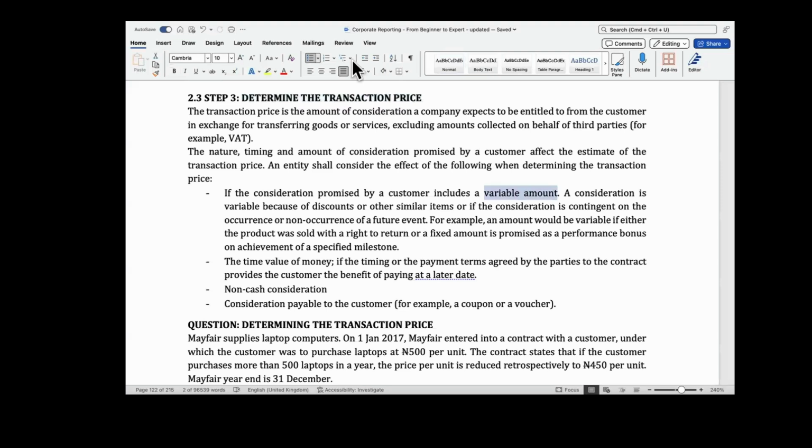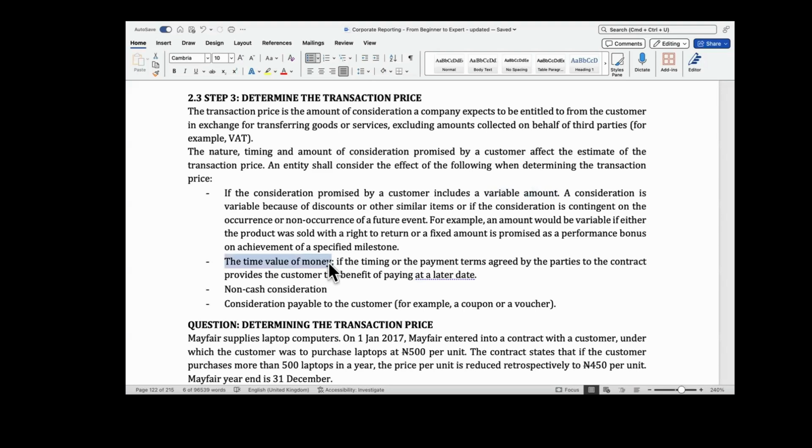So when there are discounts, that might affect how much you recognize as revenue. Another one is time value of money. If the payment period is such a long period of time, that means you might have to consider some element of interest that you would have to recognize as also income.